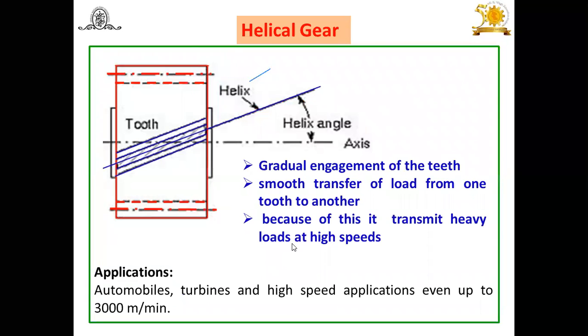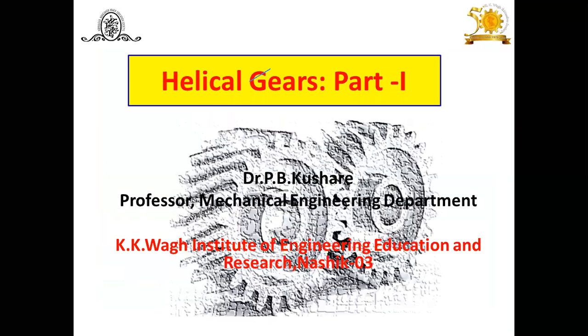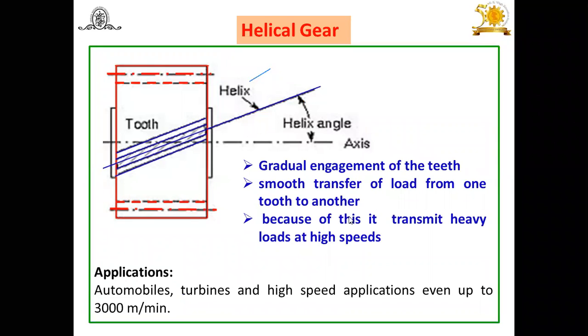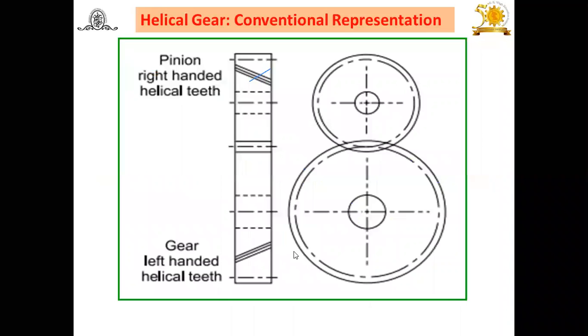Thank you very much. The concluding remark: in this session we have seen what we mean by helical gear, then helix angle, its importance, and the advantages of helical gear over spur gear, and how the helix angle plays an important role for gradual engagement, smooth transfer of load, and to transmit heavy loads at high speed.